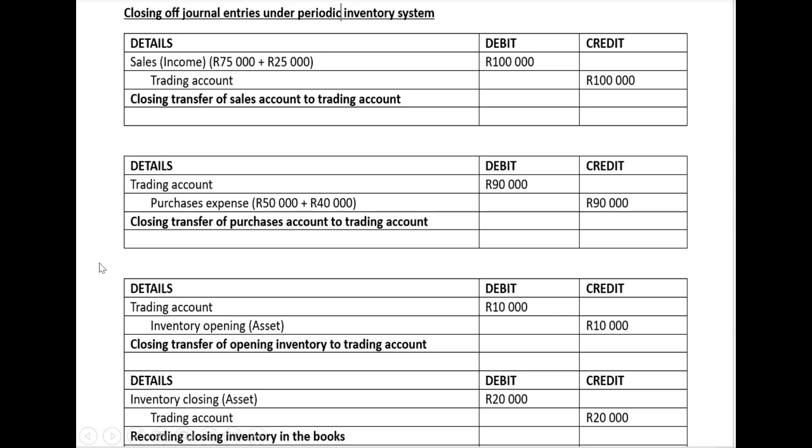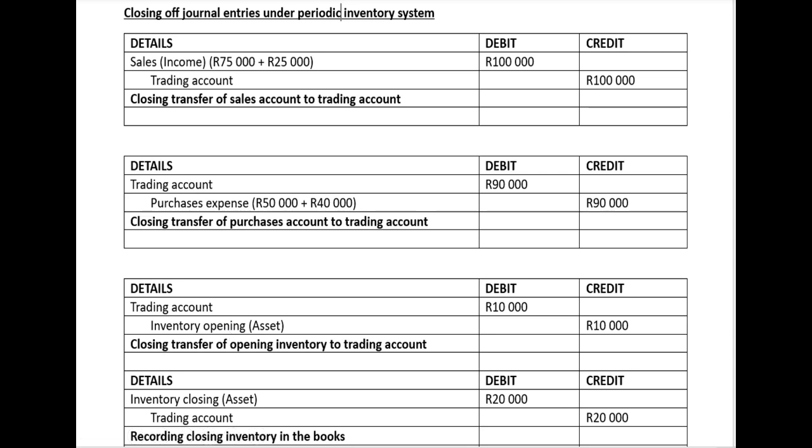What also becomes important under the periodic inventory system is the formula that I showed you for how we calculate the cost of sales: opening inventory plus purchases plus carriage on purchases less the closing inventory. So here we need to transfer that opening inventory of 10,000.